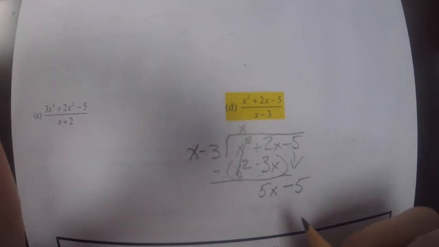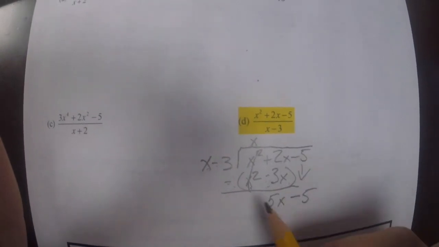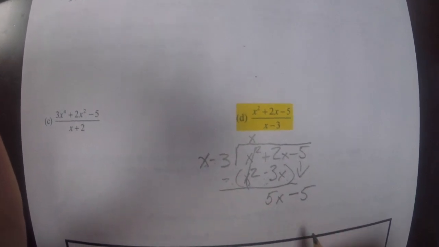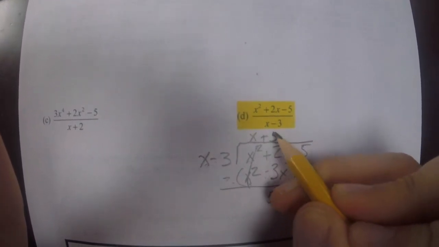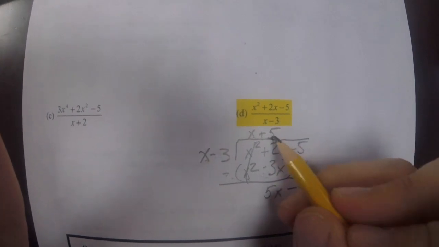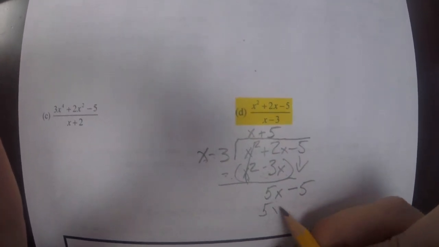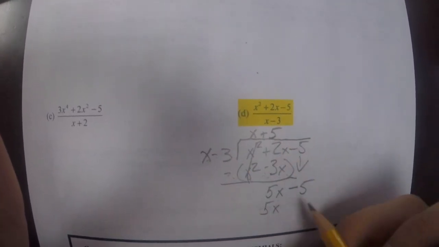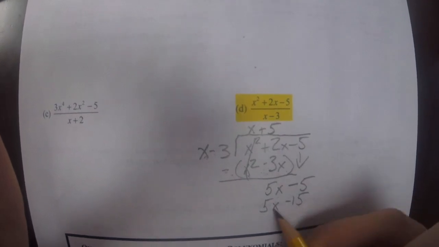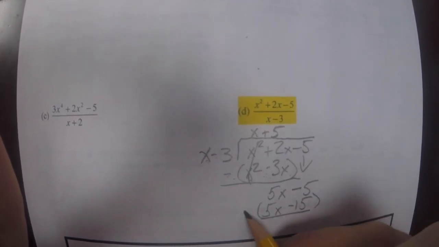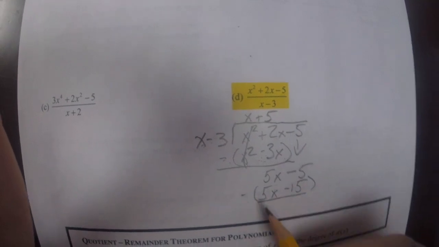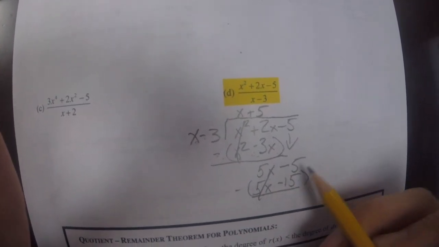Okay, now we go back up to the top. What can I multiply x by in order to get 5x? I think just plus 5, right? 5 times x is 5x, that's good. And then 5 times negative 3 is negative 15. And remember, we're subtracting this entire thing. 5x minus 5x cancels, that's good.